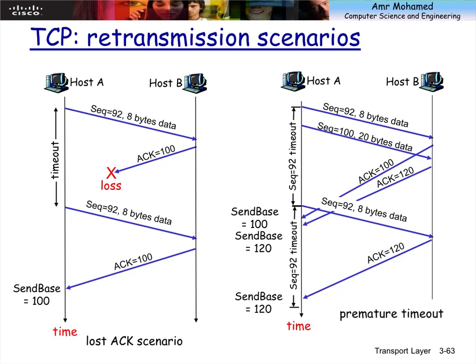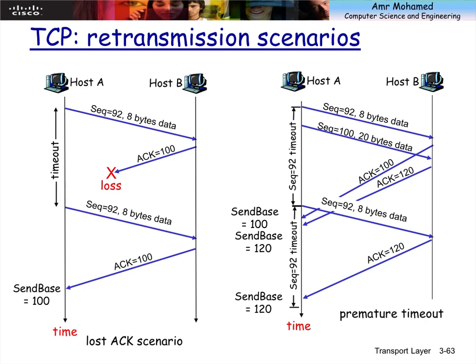These are some scenarios that give you some indication about how TCP works. As we said, the timeout is one of the very critical parameters and has a trade-off. If it's too long, we will not utilize the channel efficiently, like in this scenario.